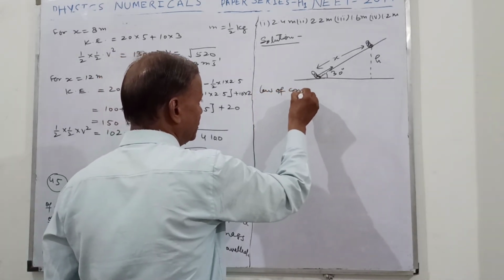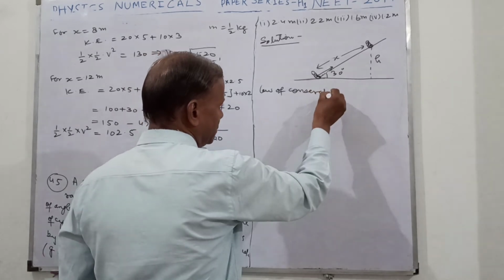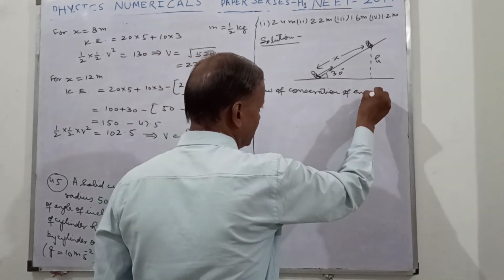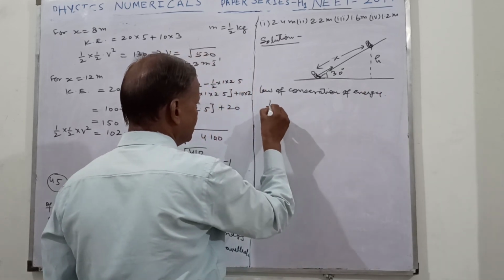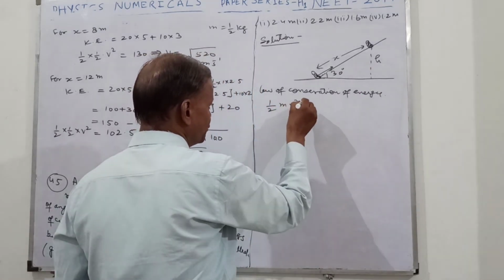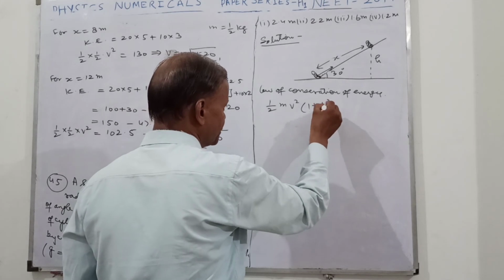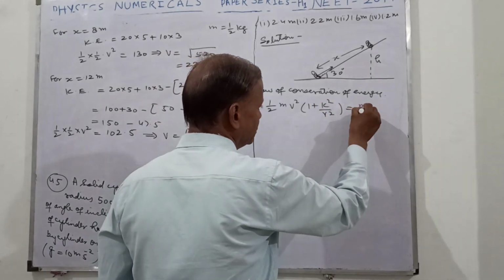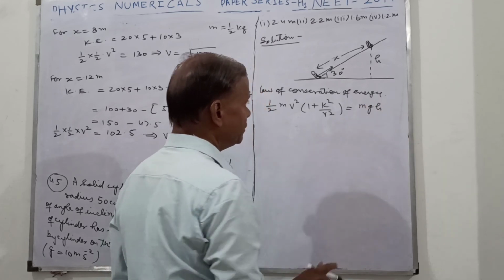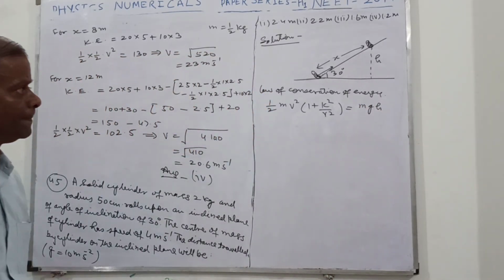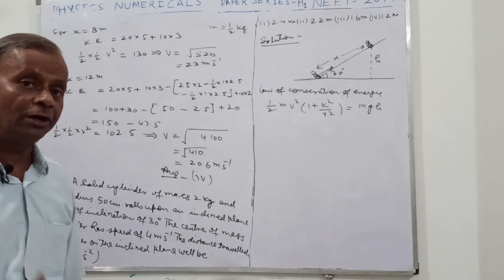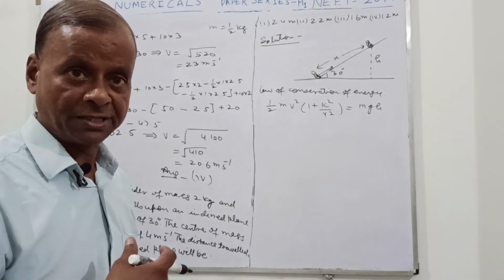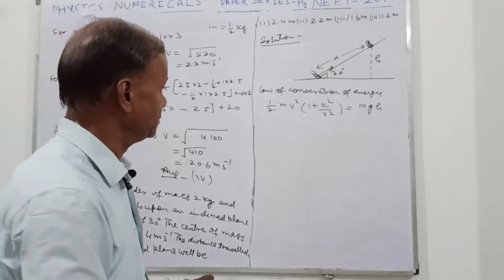Law of conservation of energy: half mv square into 1 plus k square upon r square equal to mgh. Since the cylinder is rolling, it has both kinds of motion, the translational and the rotational.